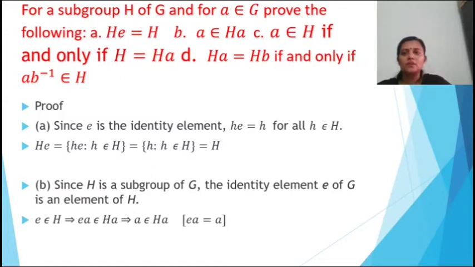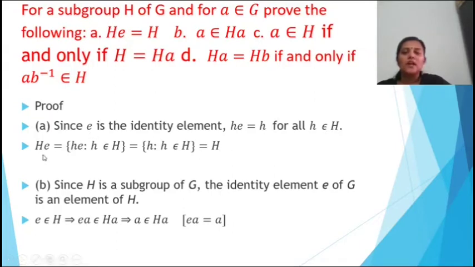For the first one, we have to show that given H is a subgroup of G and a an element of G, He equal to H, where e is the identity element. We know that e is the identity element, so he equal to h for all h element of H, the property of identity element.